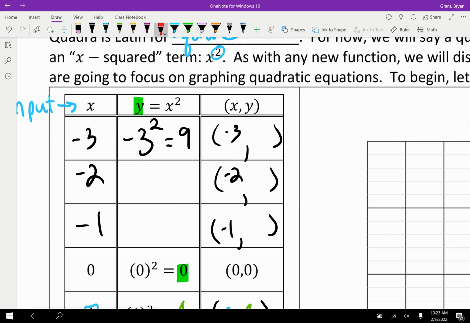So what do you need to do to make your calculator tell you the truth? You need to remember last unit. We said we need to take -3, group it in parentheses, then put the square. So once you have that, you should be good to go, and you'll see that your output here is 9, 4, and 1.